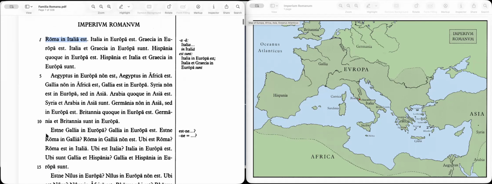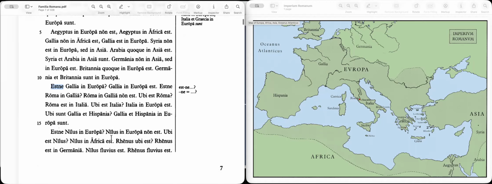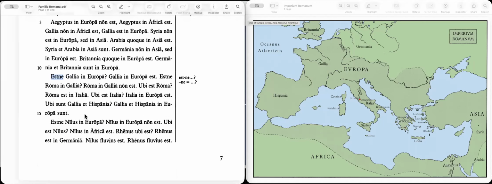Then we come down here and you go, what is this, estne? Oh, this is a question. You might see that's Gaul in Europe. Estne, what does estne mean? And then you realize it means "is." So yes, there is a place for translating things that you don't have a handle on.